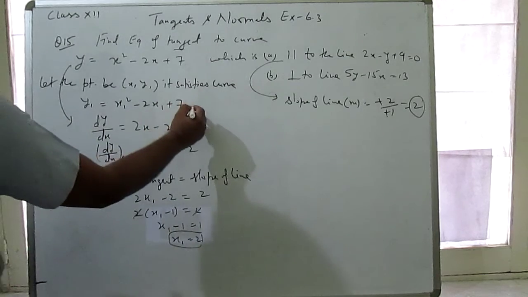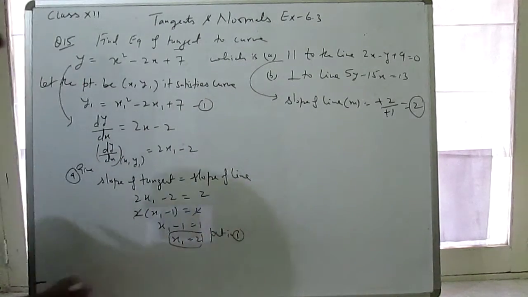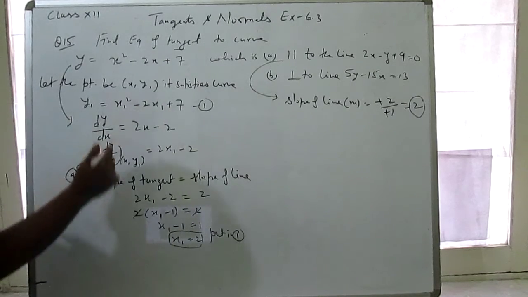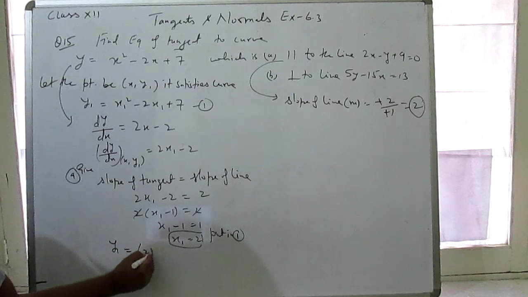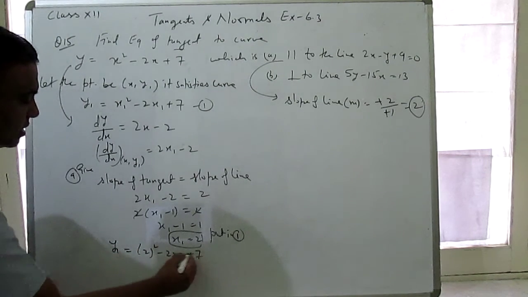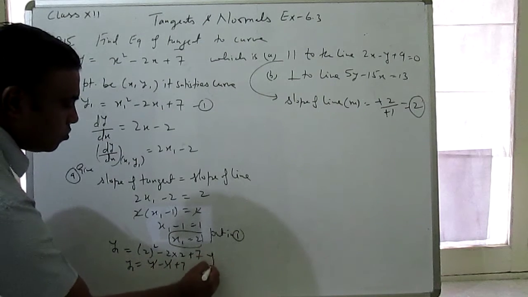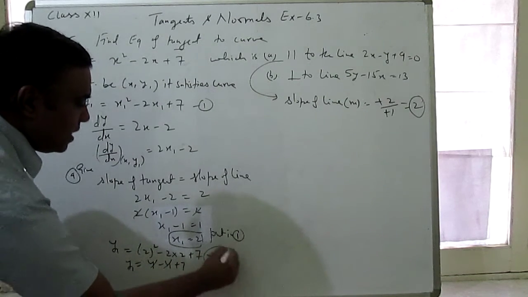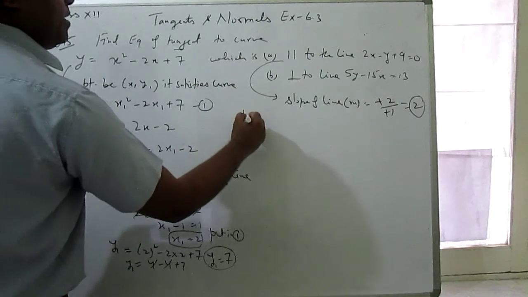Put in 1, you will get y1 is equal to 2 का square minus 2 into 2 plus 7, this is 4 minus 4 plus 7, it means y1 is equal to 7. Point आ गया 2,7.